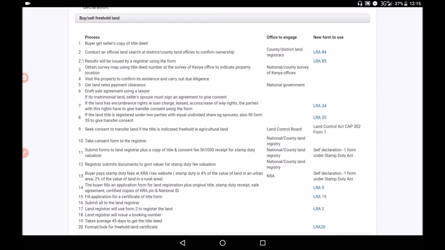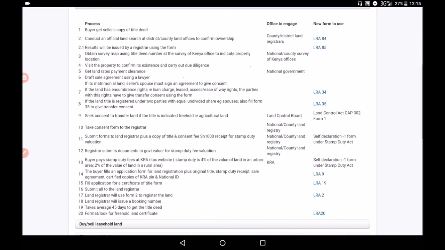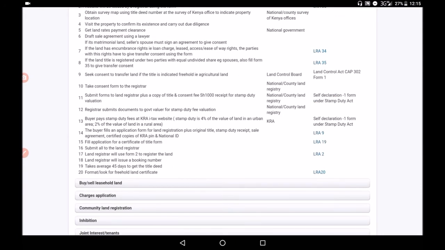Next, if the land title is registered under 2 parties with equal and divided shares, like spouses, they will need to fill a form for the transfer consent called LRA 35.